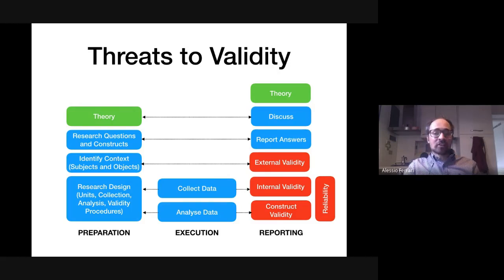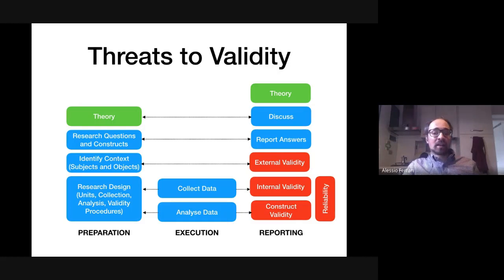Let's see each single one. As you can see from the diagram, external validity is related to the context that is chosen. So in external validity, I will discuss to which extent my context can be seen as representative of other contexts. I will also discuss the fundamental features that can be used to compare my context with other companies, basically.